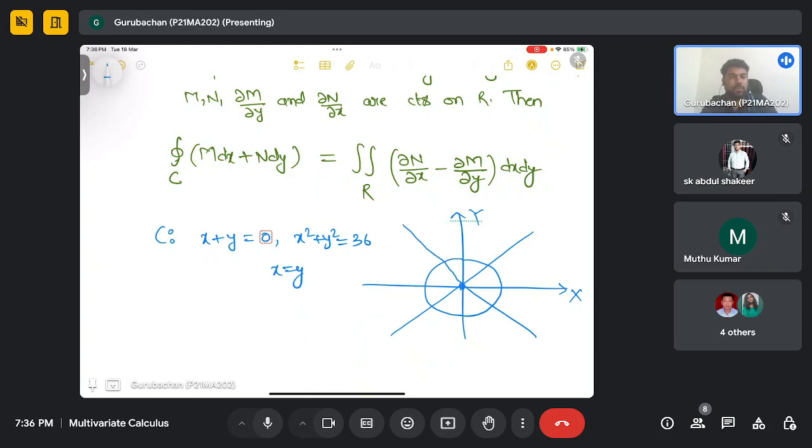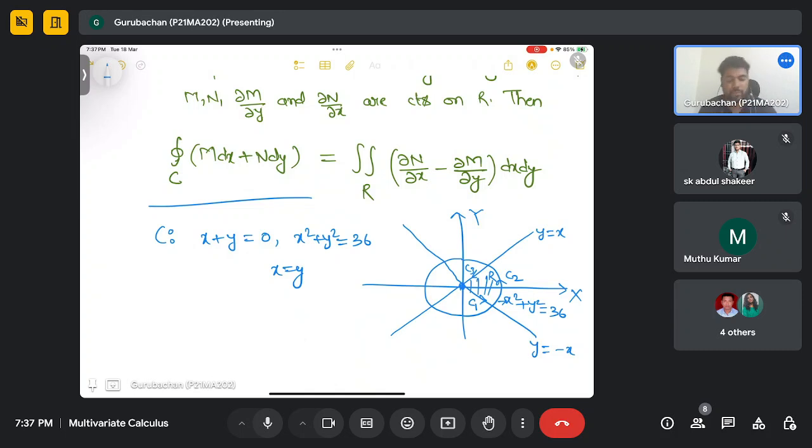We have to consider the region in the first and the fourth quadrant. This is the region, and the curve C moves like this, in the counterclockwise direction that we usually assume. This is our C1 curve, this is C2, and this is C3. So the closed curve consists of three curves C1, C2, C3.